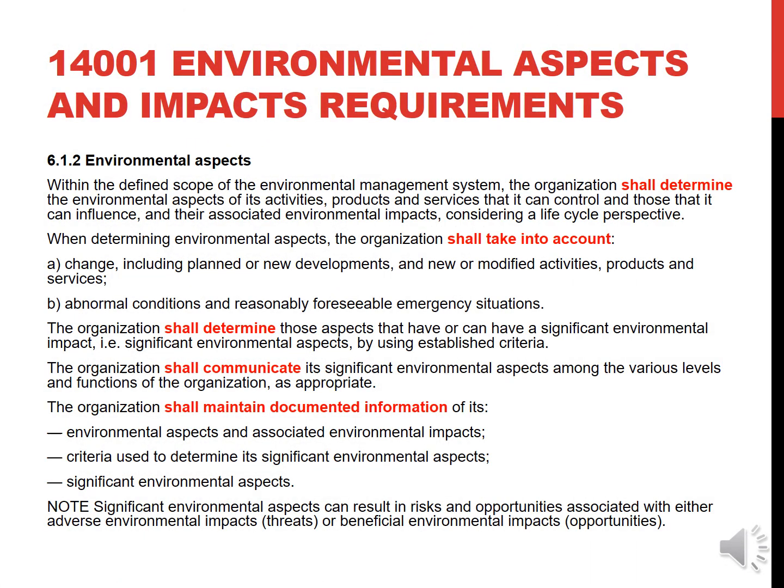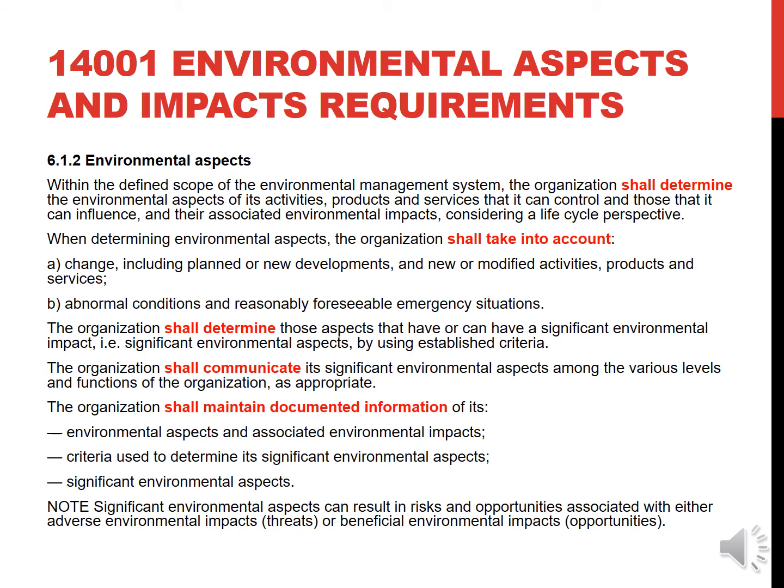So what are the requirements? The first requirement is that within the defined scope, in other words, you have to define a scope first, the organization shall determine the environmental aspects of its activities, products, and services that it can control, and those that it can influence, and their associated environmental impacts considering a life cycle perspective.